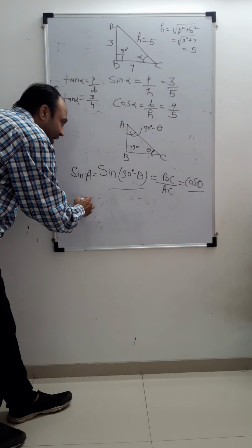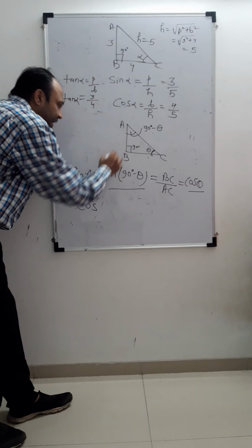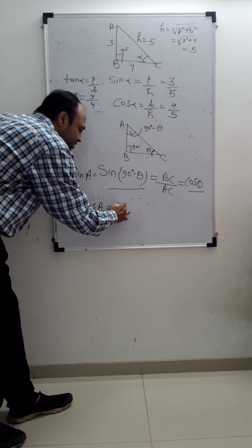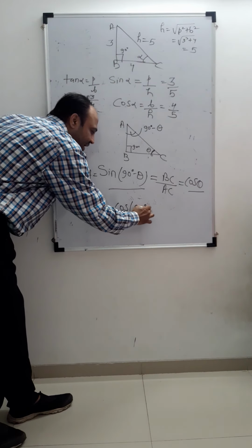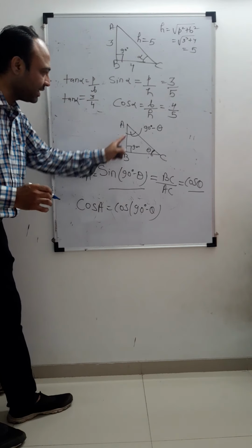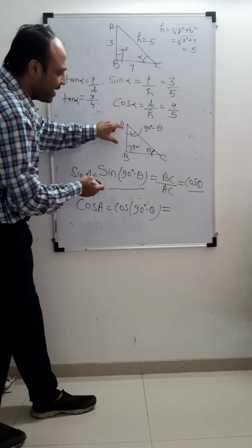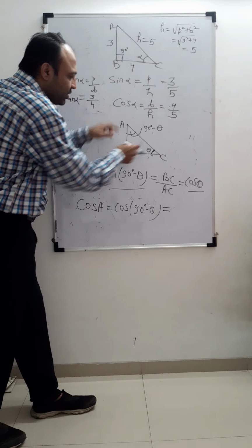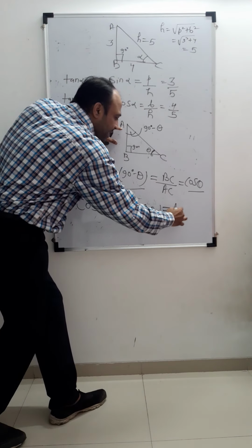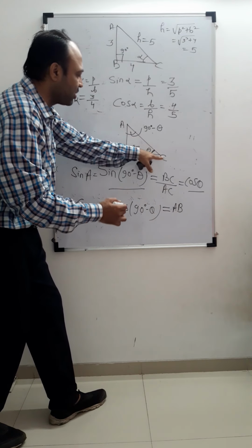Similarly, if you have cos A, which is cos 90 minus theta. For this cos, this is the base and this is hypotenuse. So base is AB and hypotenuse is AC.